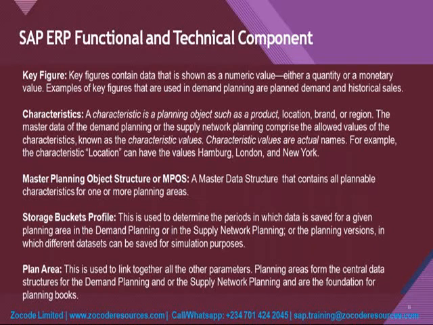The master data structure contains, for example, locations, the categories of the characteristics. You could see location, the brand, the product, customer, and things like that.